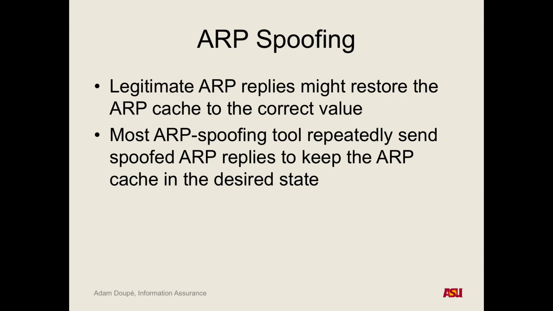Usually ARP caches are pretty short-lived entries because you don't want the cache to become stale with what's actually happening in the network. So by continually sending these out, you ensure that those machines never actually talk to each other.